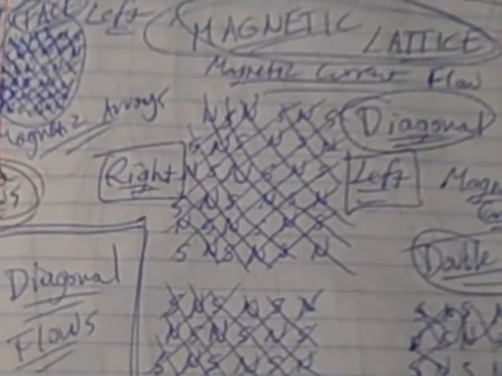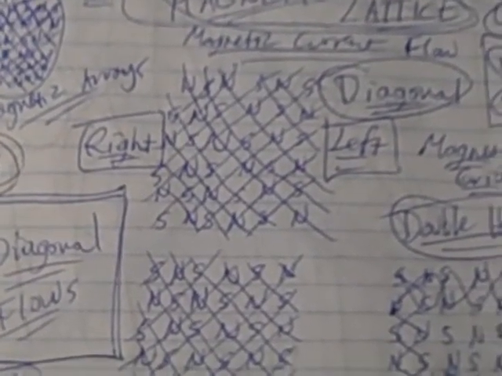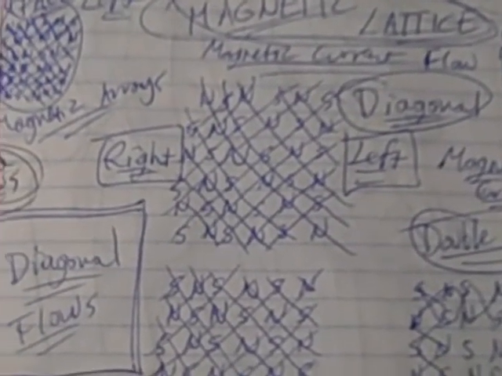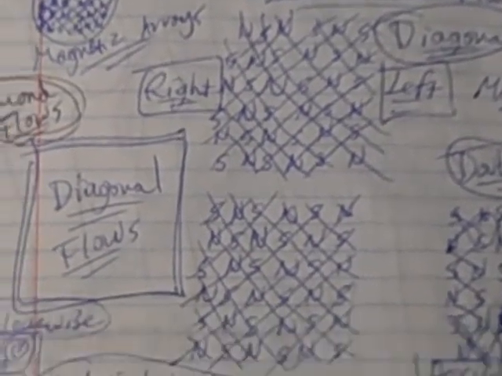One series of diagonal current flows that flow along north and south magnetic lines, north flowing to north, south flowing to south, one series of diagonal current flows that flow from the right and one from the left, or you could say from right to left and left to right. So that's one thing that you'll find.